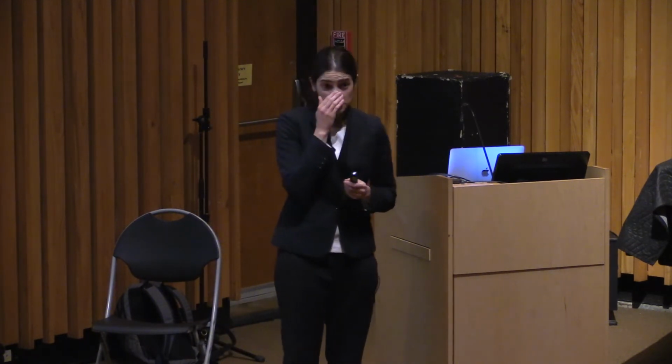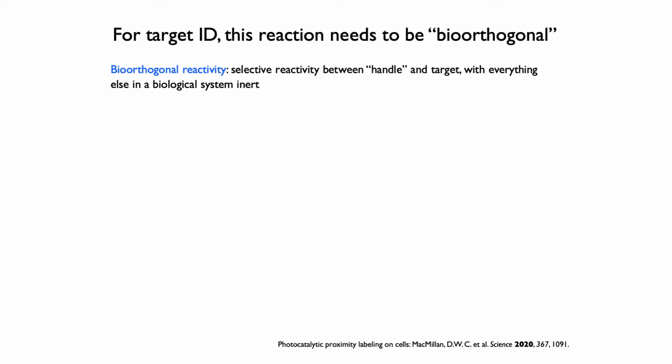I wanted to introduce another term, which is called bioorthogonal. We talked about UV light and how it can be damaging to cells. In that sense, UV light isn't exactly bioorthogonal. What bioorthogonal reactivity means is that some molecule can selectively react inside a cell without any of the rest of the biological system being affected by it.